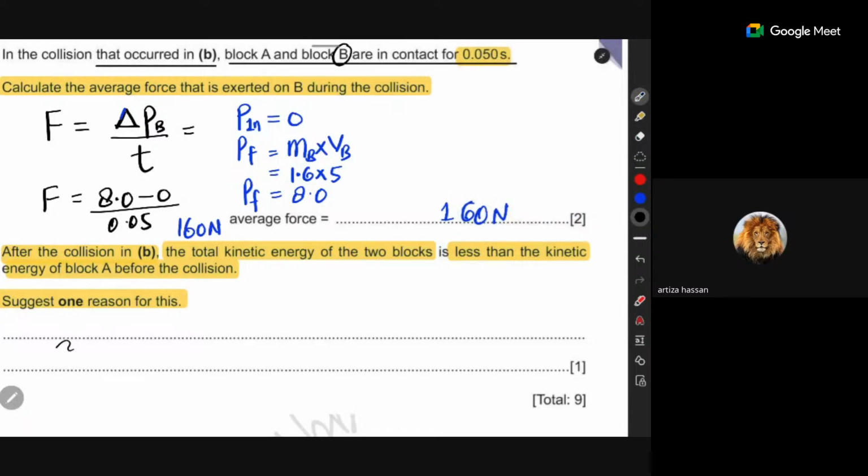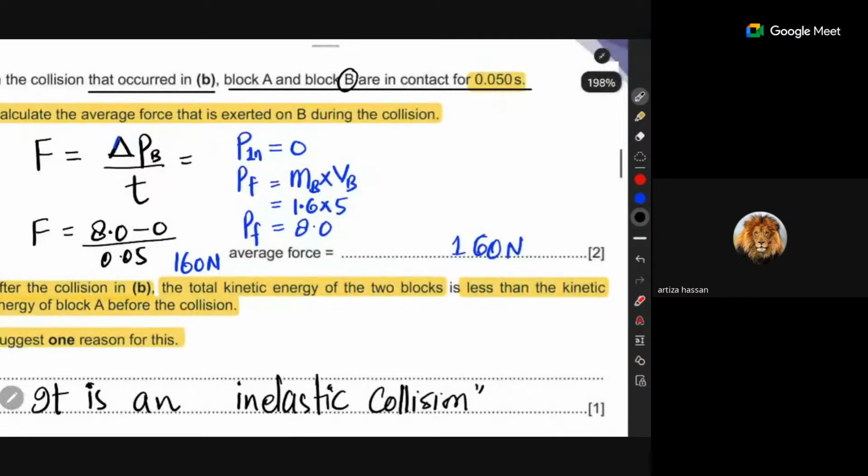So you will simply say that it is an inelastic collision, right? Ibrahim and Muhammad, you did not study inelastic collision yet, but inelastic collision is that collision in which kinetic energy is decreased. Inelastic collision is basically the energy losing collision.